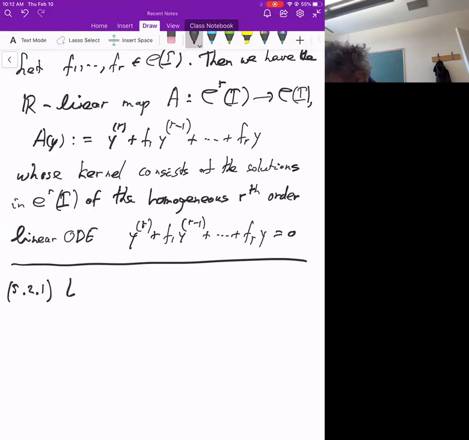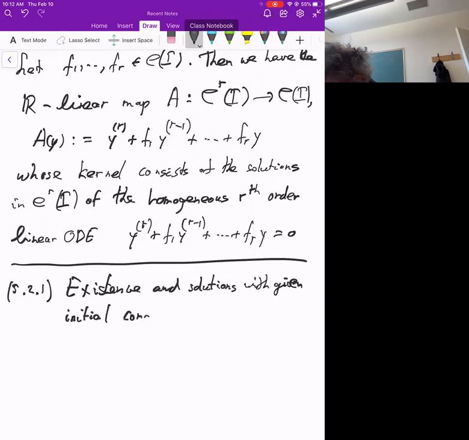This is known as the existence and uniqueness of solutions with given initial conditions.